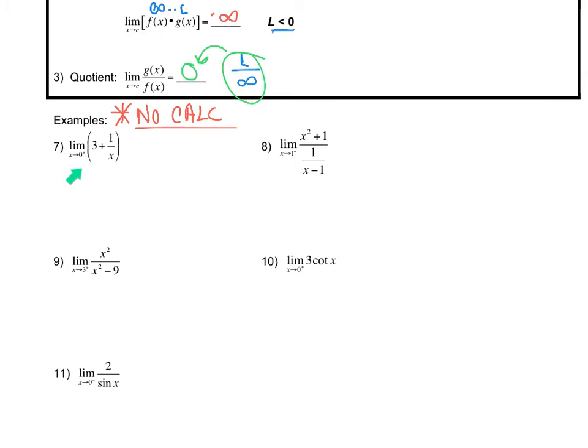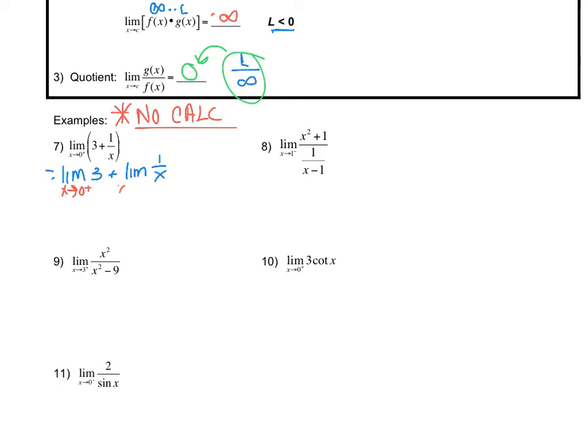Same with number 7. So we're looking at the limit of 3 plus 1 over x. I'm going to break that down into 2 separate limits. So let's think about that as the limit of 3 plus the limit of 1 over x, and both of those have x approaching 0 from the right.